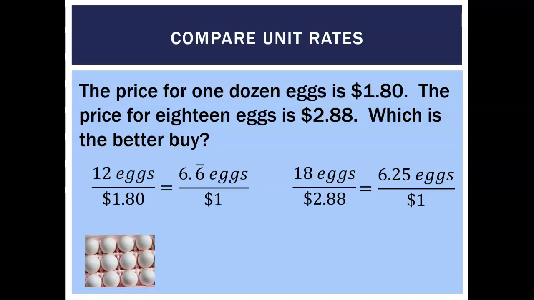In this case, we're looking at more eggs per dollar as being the better buy. The box of 12 eggs for $1.80 is still the better buy because you get more eggs per dollar than you do in the box of 18 eggs for $2.88. This concludes our lesson on comparing unit rates.